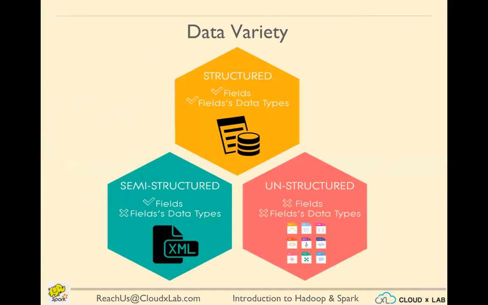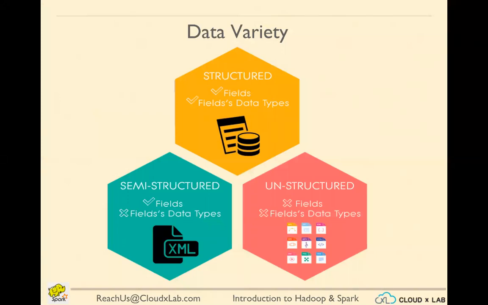Some of the fields might be missing, some of the cells might be missing values, and so on. So we have clarity on what the fields are, but not on their data types. This is generally called semi-structured data.